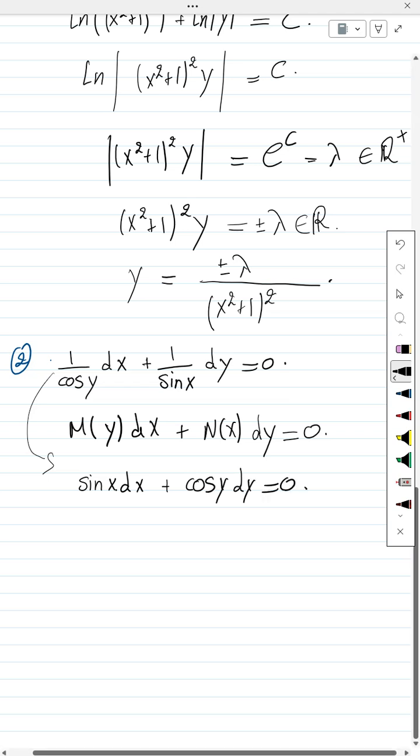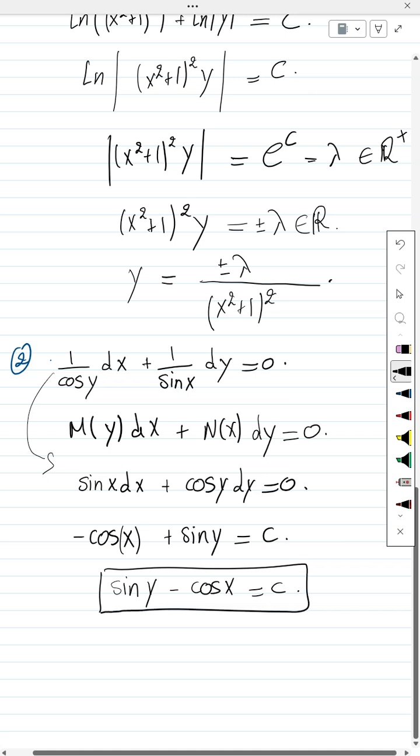By integrating both sides, the integration of sine is minus cosine x, and the integration of cosine is sine y, so we have sine y minus cosine x is equal to c. This is a solution for our differential equation.